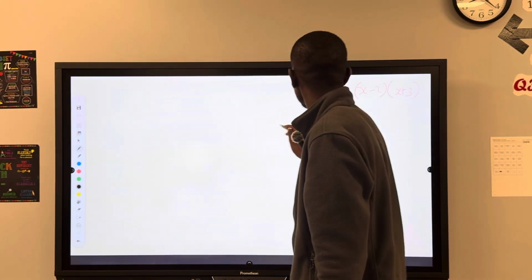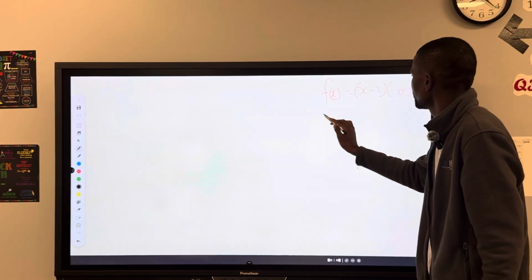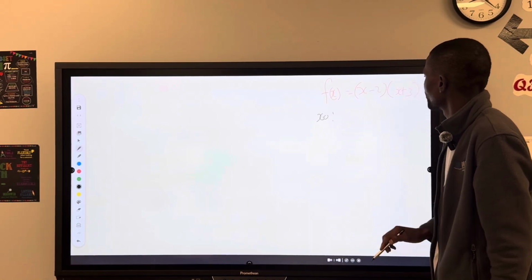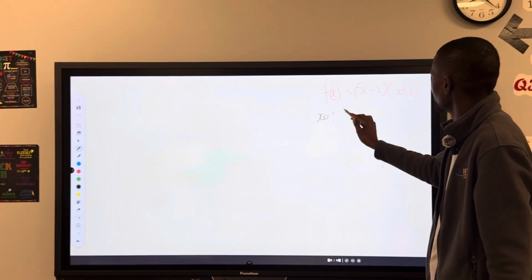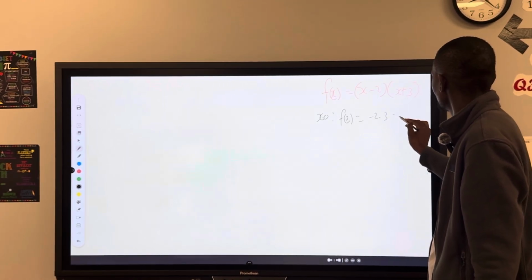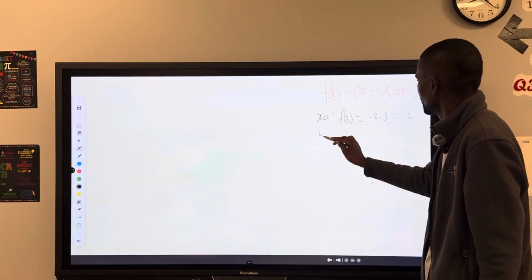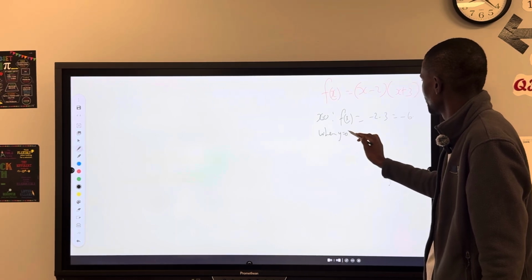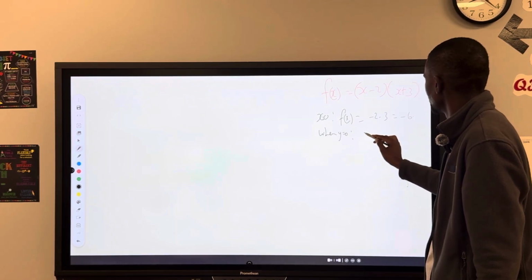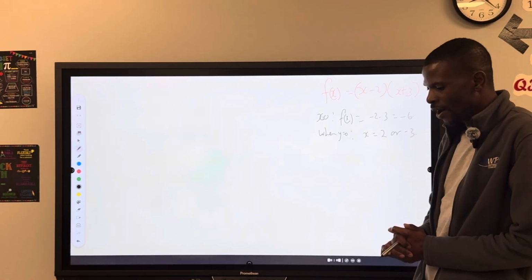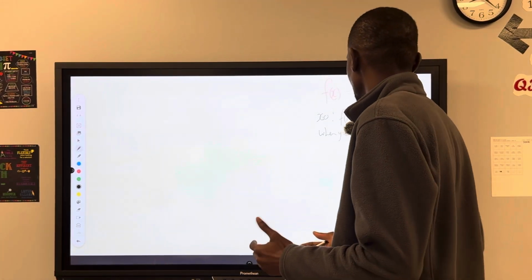When x is 0, f of x will be equal to negative 2 times 3, which is negative 6. And when y is 0, it means x is equal to 2 or negative 3. So now I have all the pieces that I want.